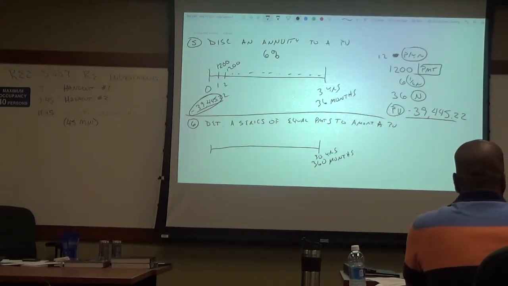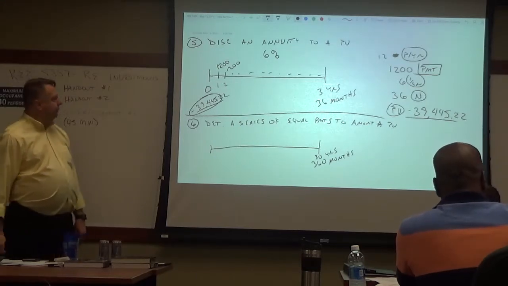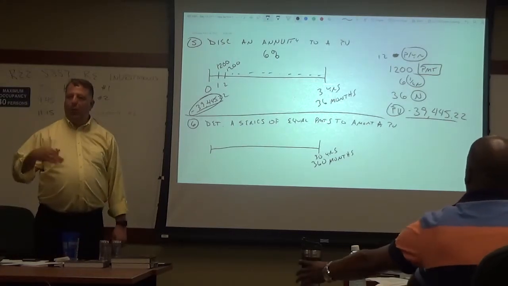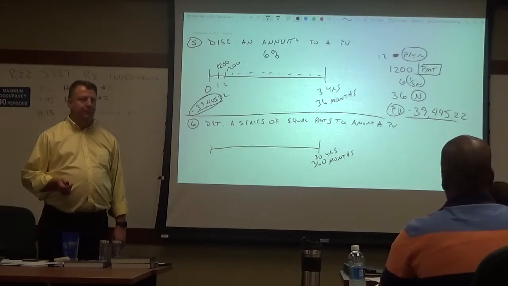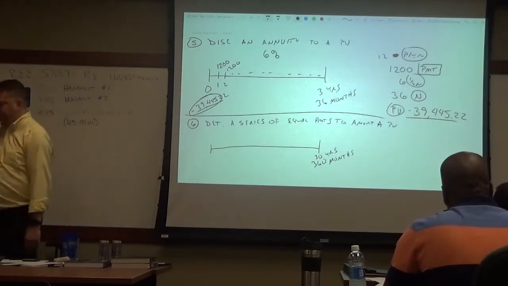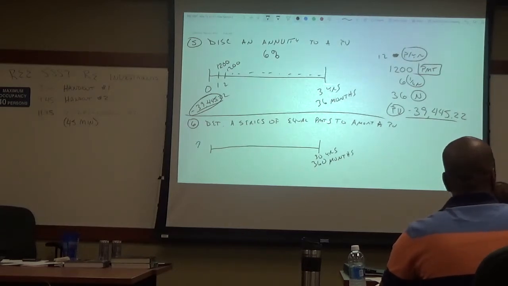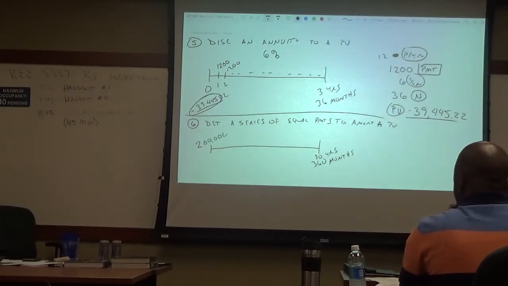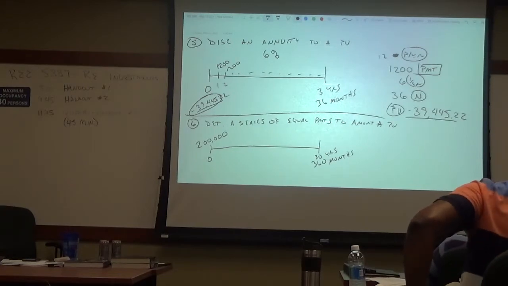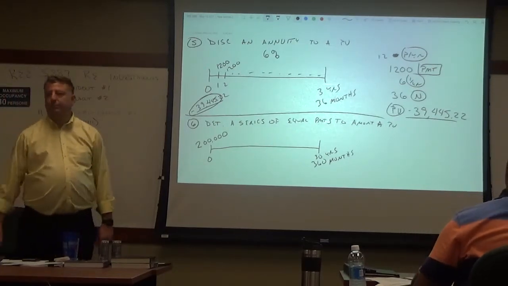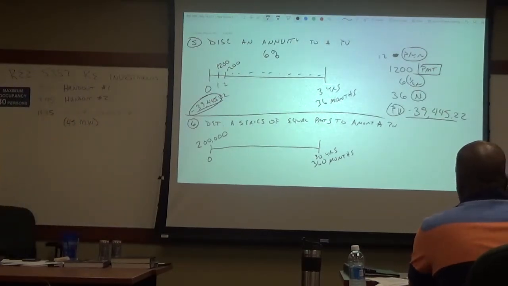How large of a present value, or how large of a loan, are we talking about? 200,000. Okay. What interest rate? 4.5. And what are we going to be solving for? The monthly payment, starting here at period 1.